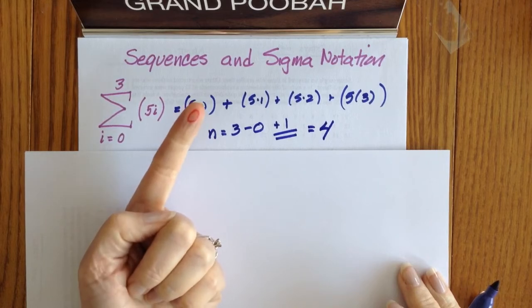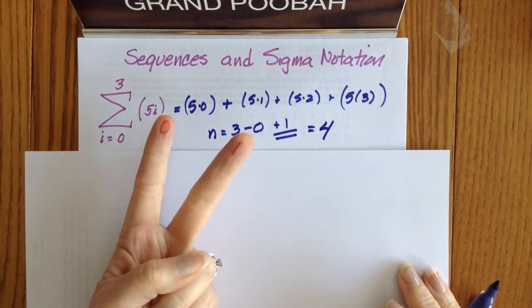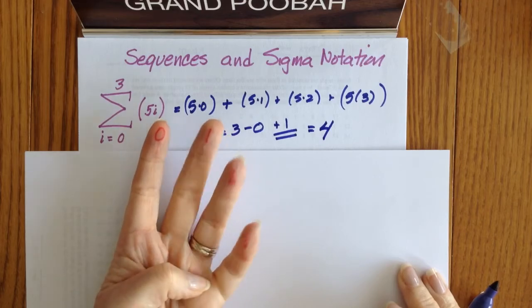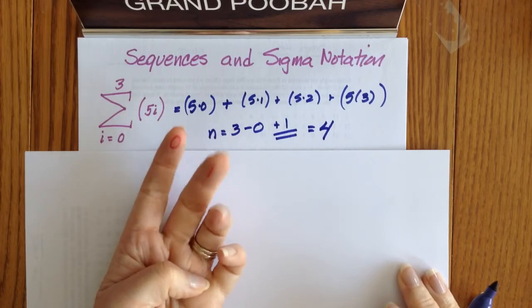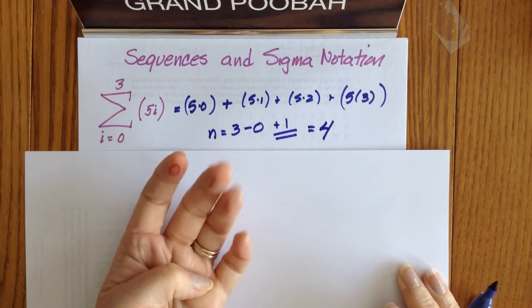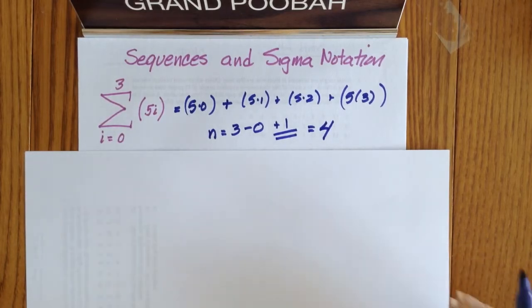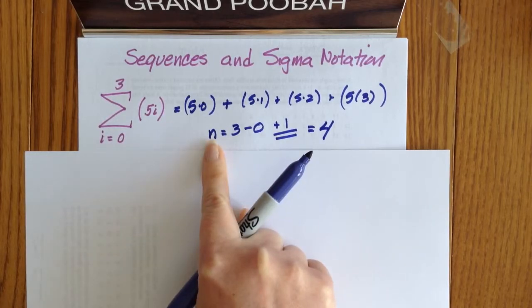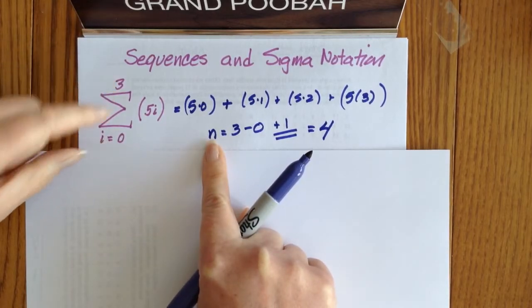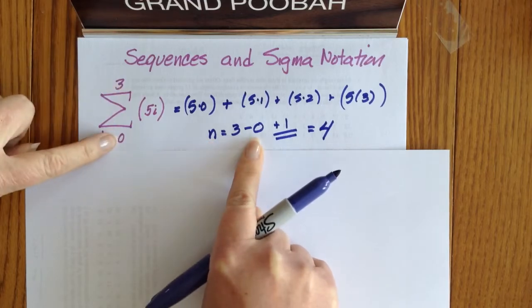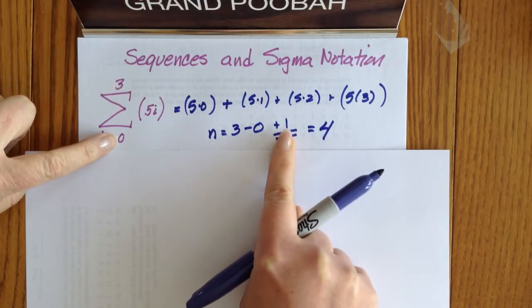Fill in a 0, fill in a 1, fill in a 2, fill in a 3. There are 4 numbers. Now, of course, we could add those up. That's not the point we're focusing on. How do we find n when given sigma notation? It's the top index number minus the bottom index number, add 1.